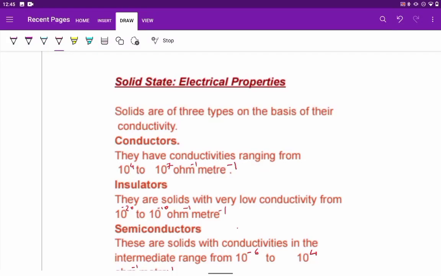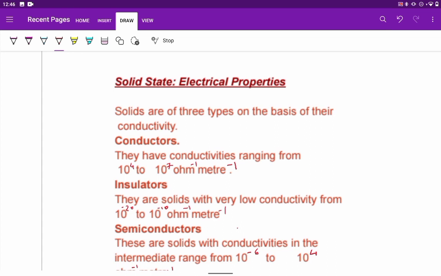Today we will study solid state, in that we will study the electrical properties. Now see students, in case of solids, the conductivity can be defined as an electrical property of a material, and the electrical conductivity of the substance can be characterized by its capacity to transmit electrical energy.